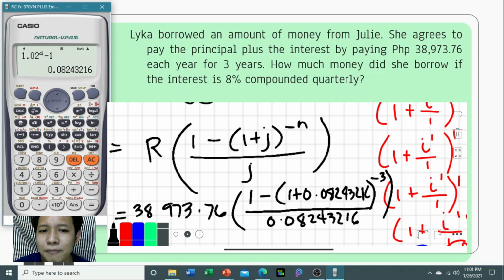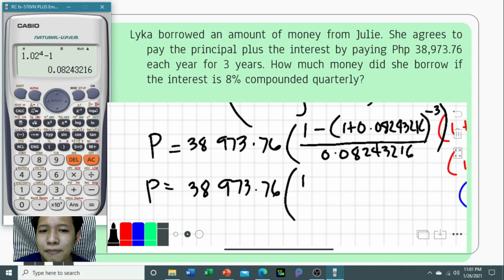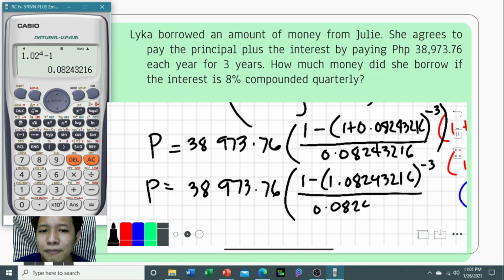Okay po? And then we simplify. We have P equals 38,973.76 multiplied by 1 minus 1.08243216 raised to negative 3 over 0.08243216. Then we plug into our calculator.